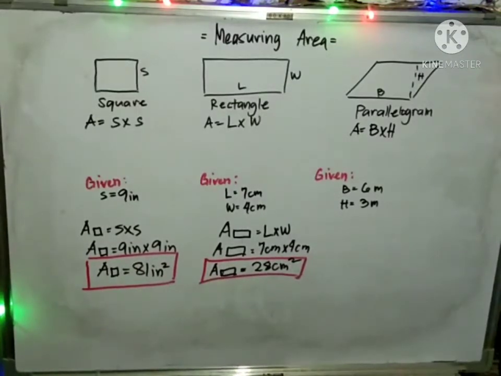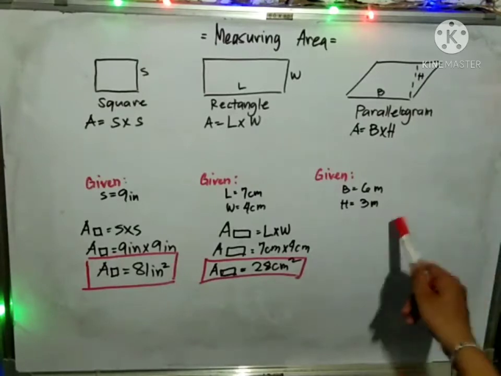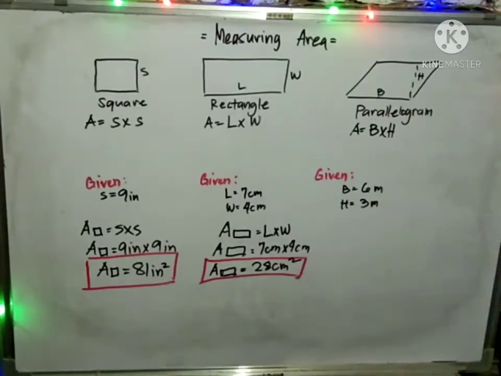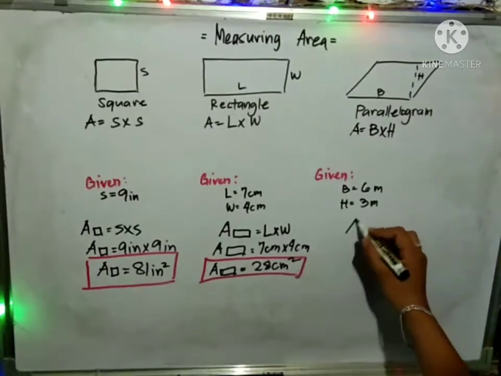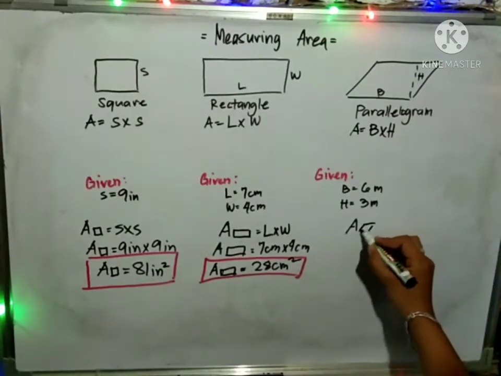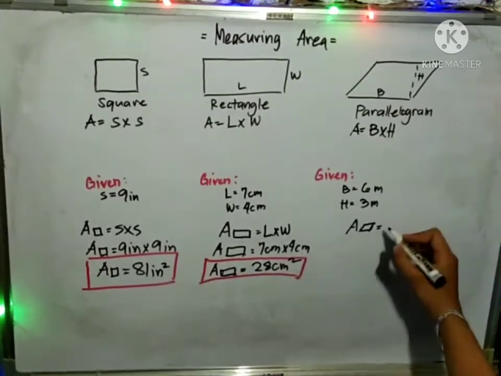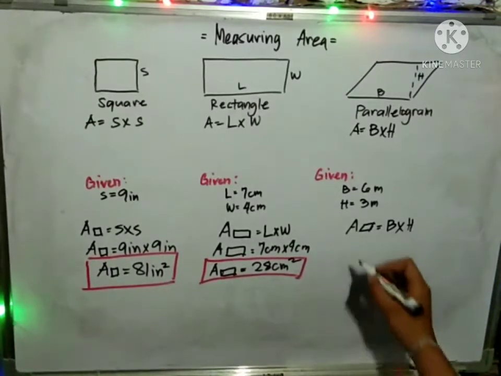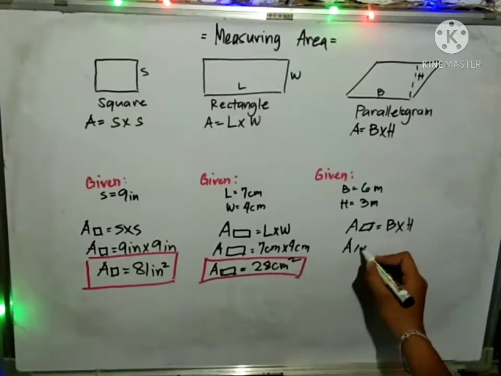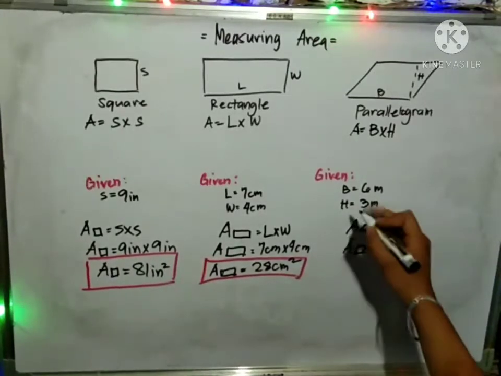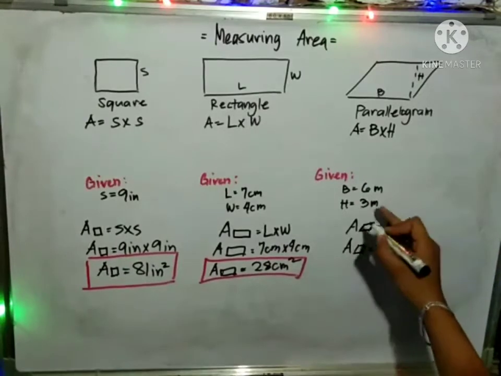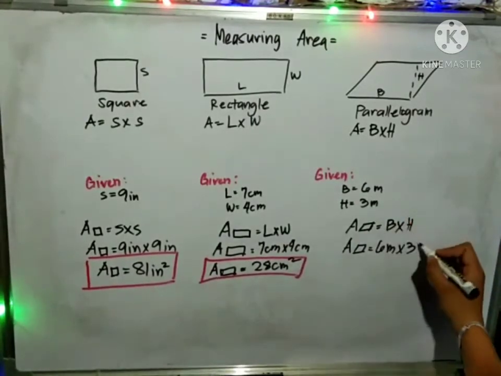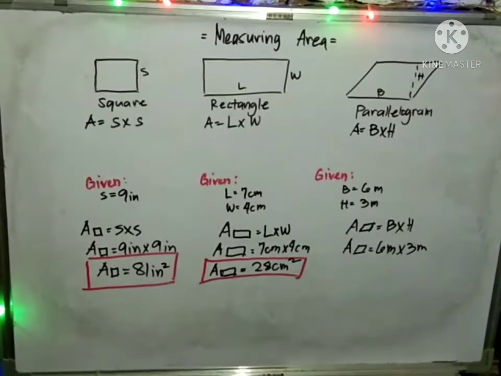For our final given, we have a parallelogram with a base measuring 6 meters and a height measuring 3 meters. We use the formula area of parallelogram is equal to base times height. Area of the parallelogram is equal to the base, 6 meters, times its height, 3 meters.